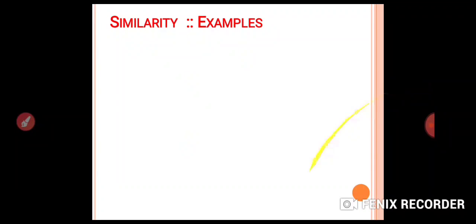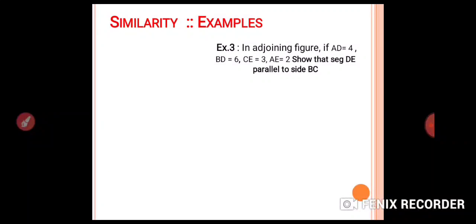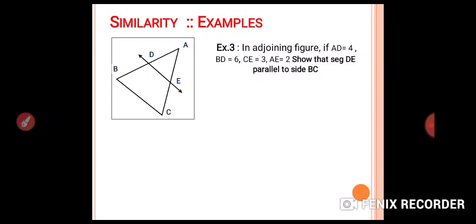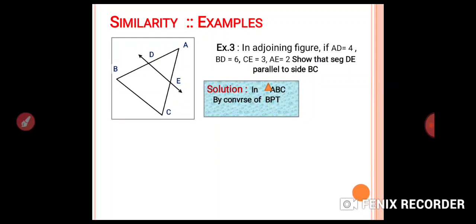Here is another example. In the adjoining figure, if AD is equal to 4, BD is equal to 6, CE is equal to 3, AE is equal to 2, show that segment DE is parallel to side BC. By observing the figure, we remember the converse of basic proportionality theorem. So in triangle ABC, we use the converse of BPT. Here AD upon DB is equal to AE upon EC.